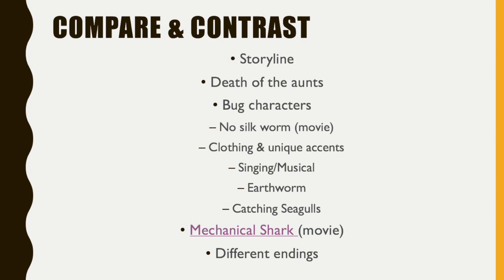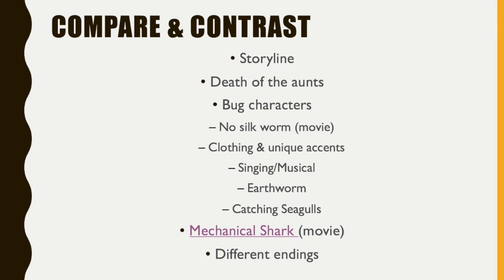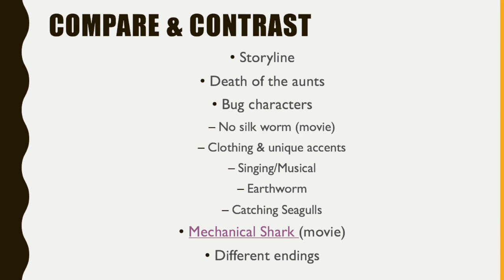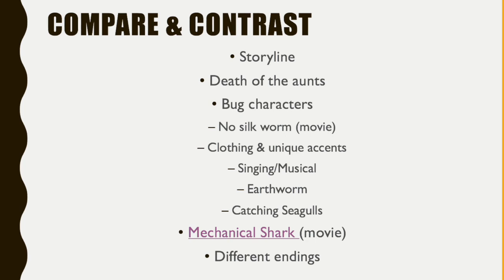Now, whenever we compared and contrasted James and the Giant Peach in class, my students were super engaged in the discussion. We discussed the storyline. For the most part, the storyline is very similar as far as James's parents getting killed early on by the rhino. In the movie, they depict the rhino as a cloud. Also, his aunts, this is a difference here.